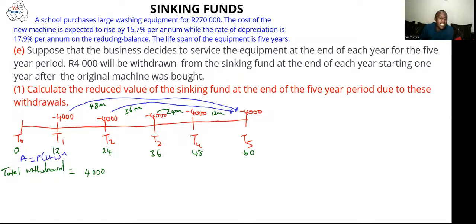How does it appreciate there? It's going to be 1 plus our I, our interest rate of appreciation, because remember it's appreciating here. It's going to rise by 0.15. Okay.